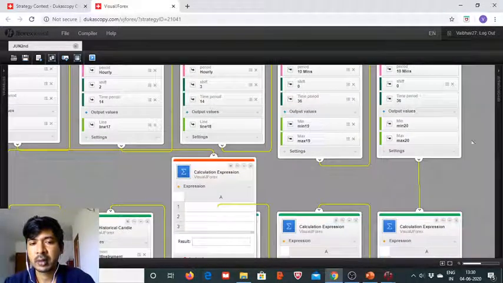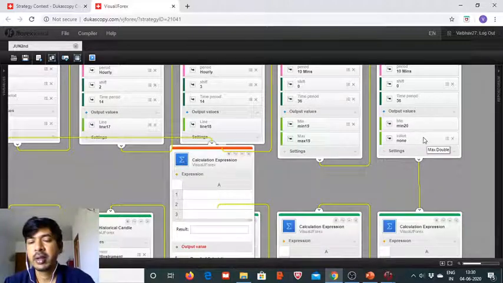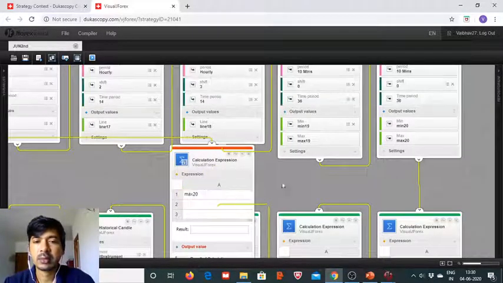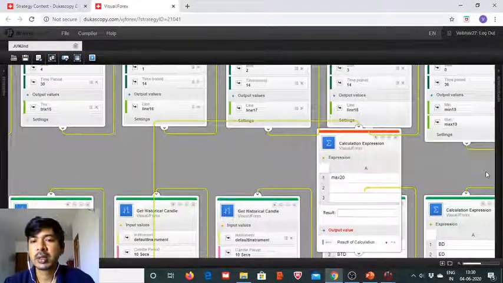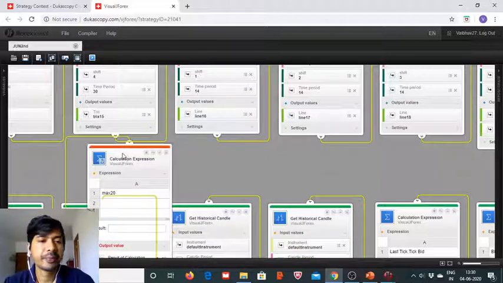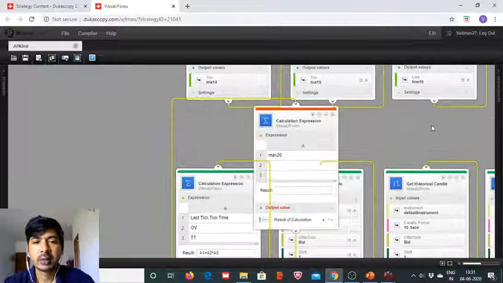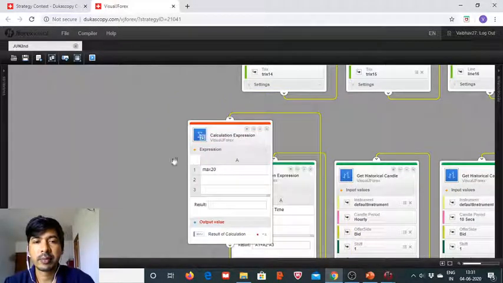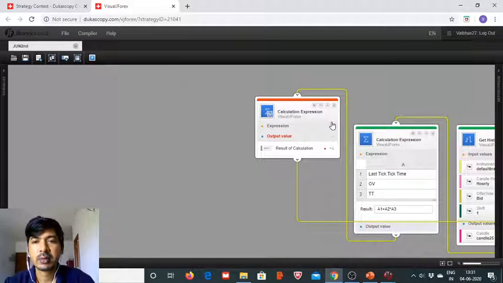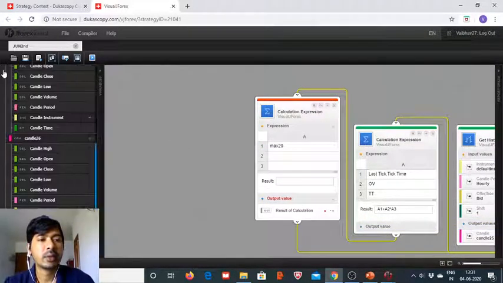So we take maximum 20 and we will be deducting the last tick price from that.